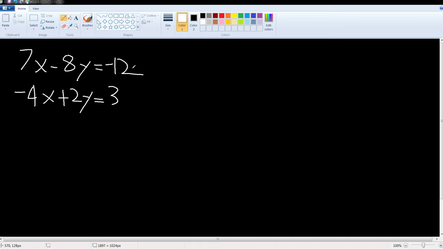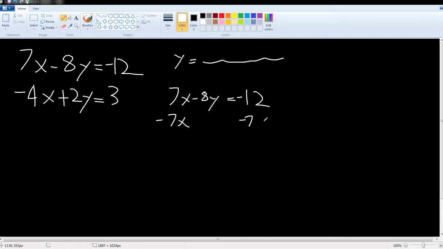So we get 7x minus 8y is equal to -12, right? I'm solving for y, so that means I should get y equals some blah, blah, blah. So let's solve for it. We have 7x minus 8y is equal to -12, minus 7x each side. Remember, I'm trying to isolate the variable y by itself.